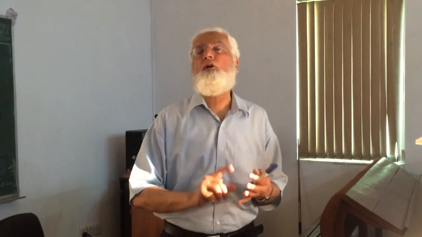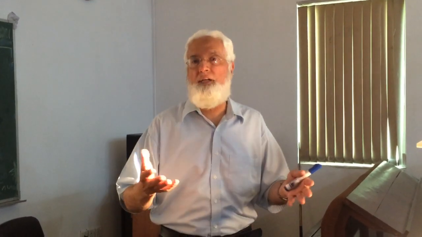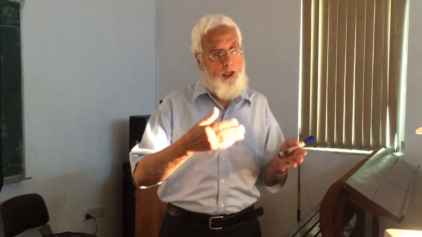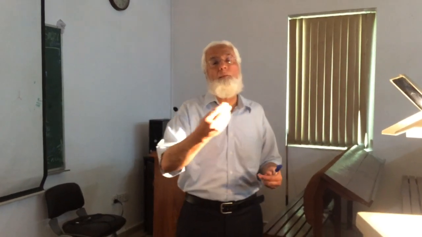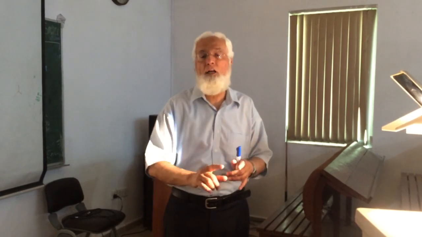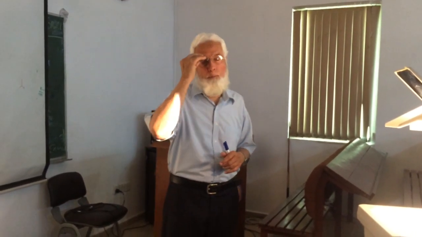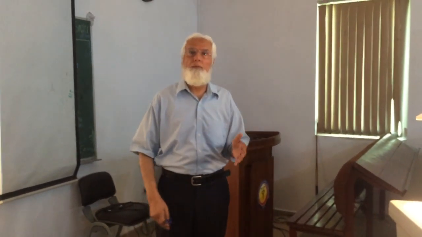Ipsilaterally motor loss is predominant because there are features due to upper motor neuron type of paralysis. And you get sensory loss on the ipsilateral side, for tactile discrimination, proprioception, vibration, which are not important for the patient. So sensory loss is not important for the patient who is paralyzed ipsilaterally.